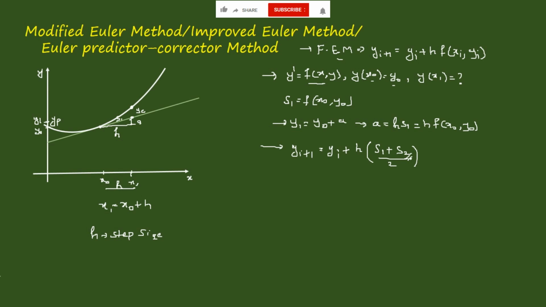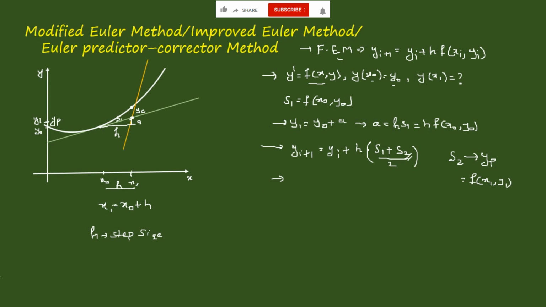It is the slope we get from the predictor value. So here there is a predictor value, so we'll be drawing one more slope. This is the slope of the predictor value, and the value of the slope of the predictor value is f of x1 comma y1.